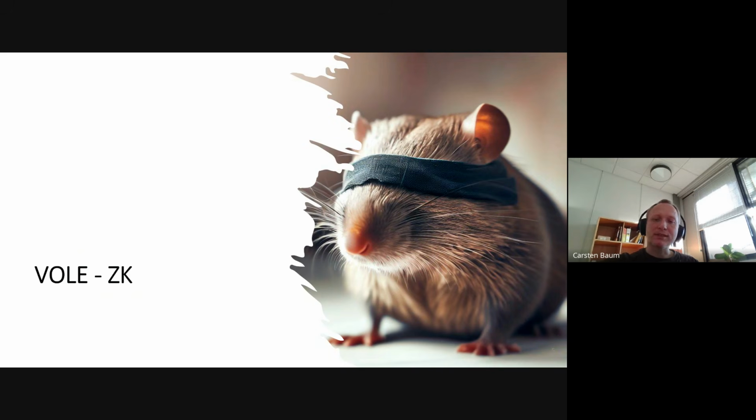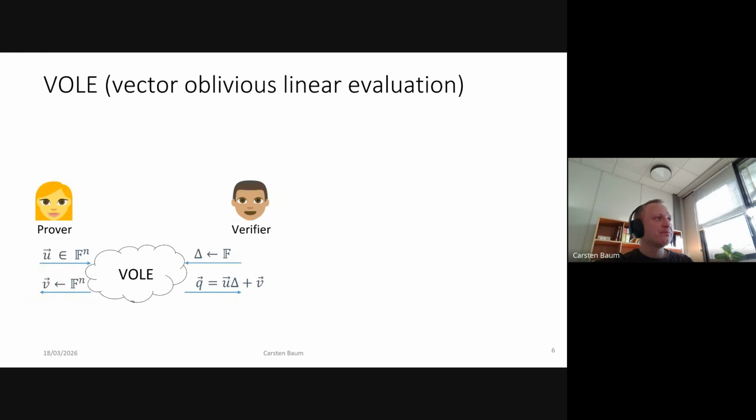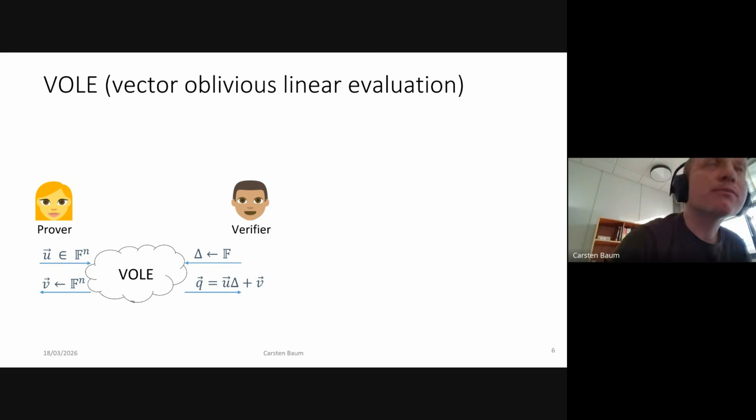So how do these proof systems actually work mathematically? They are quite simple. What we need for them to work is a bit of an understanding of what a vector oblivious linear evaluation, or a VOLE, is. In the VOLE, you have a correlation between the prover and the verifier.